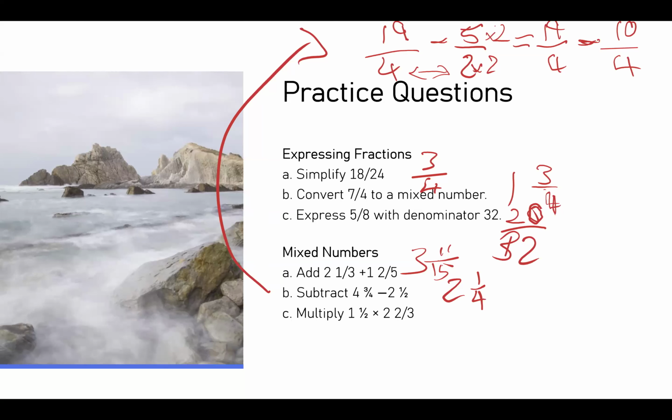Actually, I think I am right. So 19 take away 10 equals 9/4, which is 2 1/4. Yeah, I am right. Sorry, that is right.